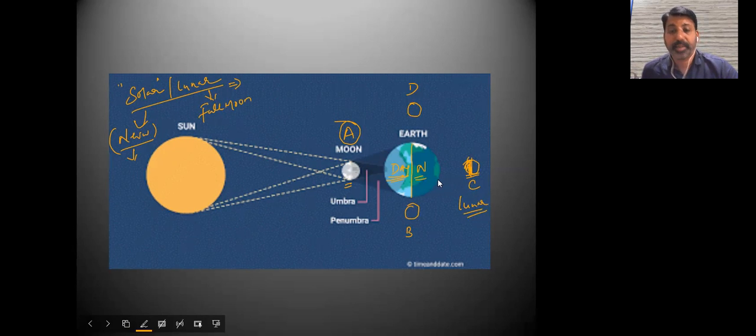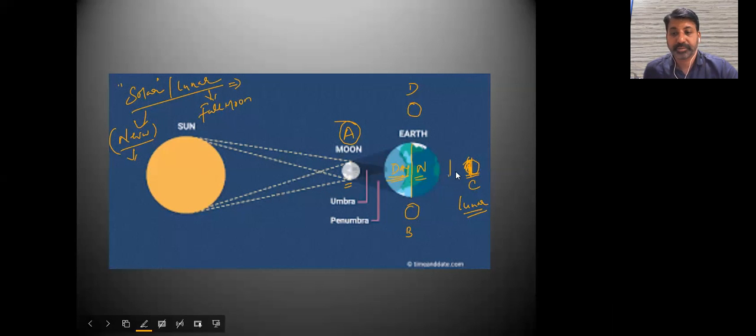But how is it happening? That is my question. In the case of solar eclipse, the moon comes exactly in a straight line between Earth and the sun, so that the moon is able to block the entire sun for a particular time. That we call a solar eclipse. Whereas in the case of position C, who comes in between Earth and the Moon?